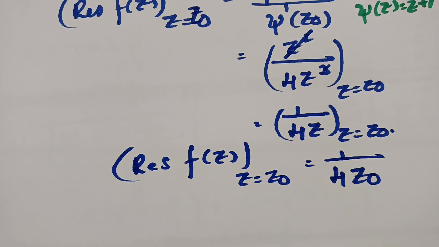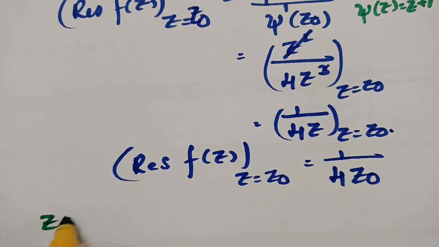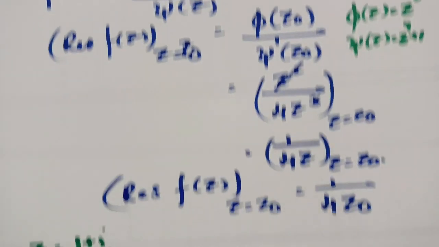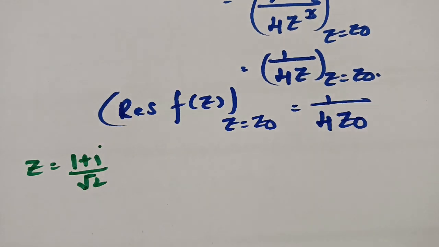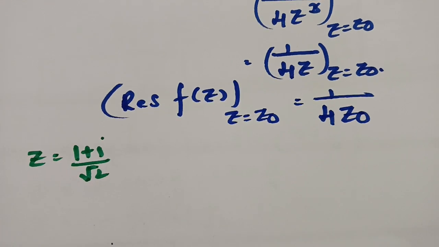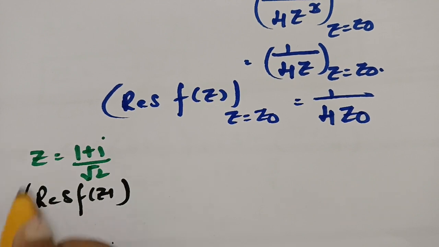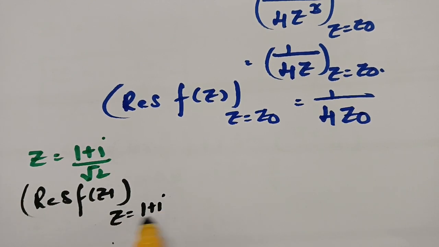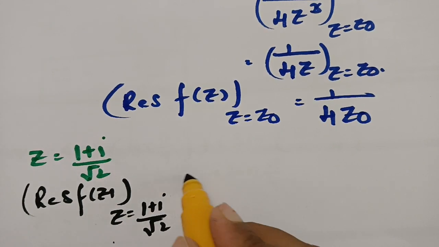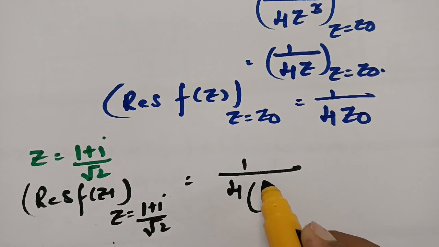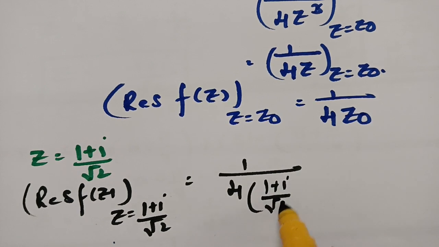The first pole value here is z is equal to (1 plus i) by root 2. Clear? So the residue of f of z at z is equal to (1 plus i) by root 2 will be 1 by 4 times z naught. Here our z naught value is (1 plus i) by root 2.